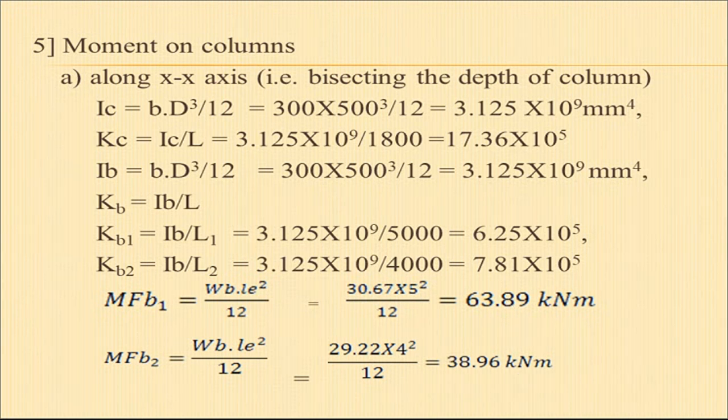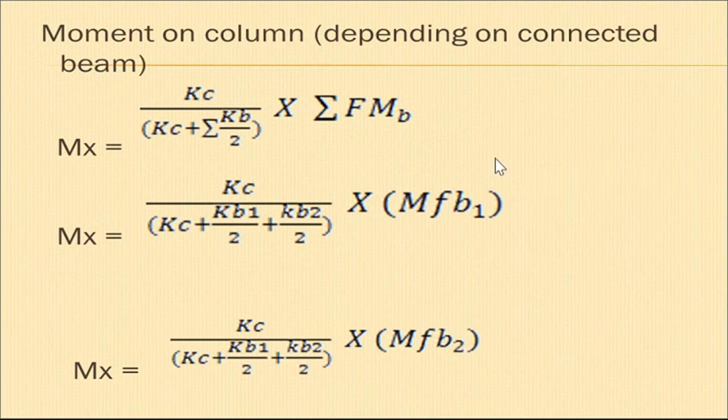Now this moment will be distributed using the stiffness. Moment on the column depending on the connected beam. Mx along x direction, that is bisecting the depth, Kc, that is the stiffness of column divided by summation of K. Here beam is connected with the two columns. That's why we can take the contribution as 50%, Kb by 2.